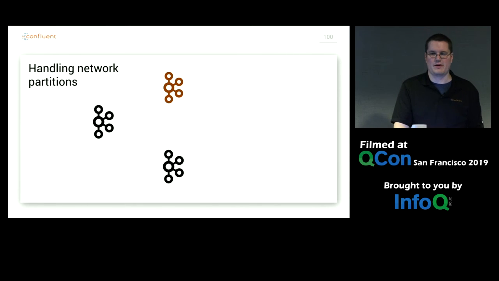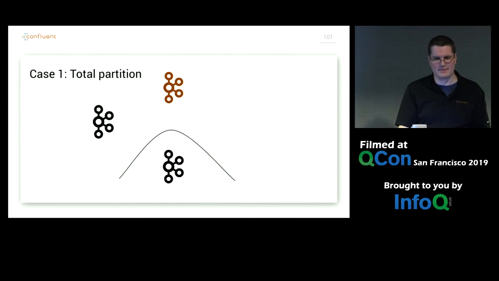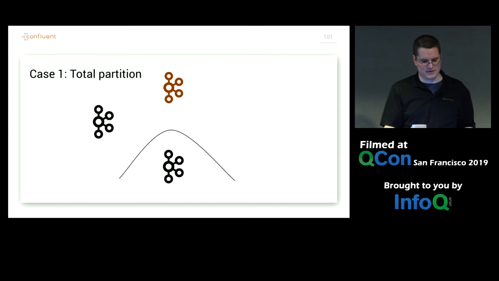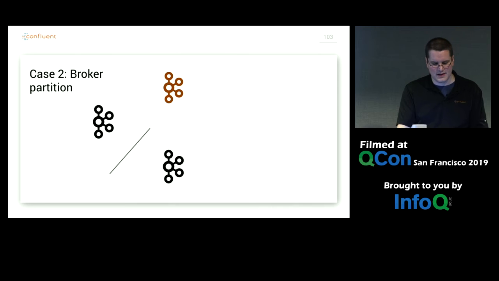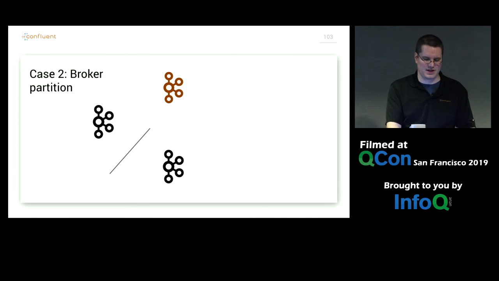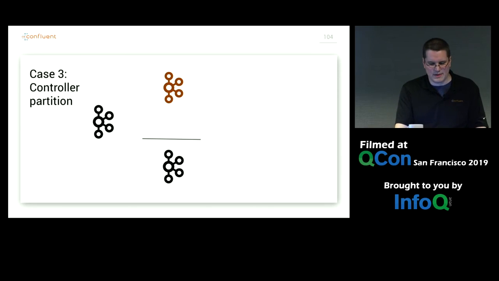So let's talk a little bit about network partitions. We obviously have the same case we had before, where something's totally partitioned. The behavior hasn't really changed. If you can't contact the controller, then you will be removed from the cluster, as is appropriate. The broker partition hasn't really changed either. Same behavior there. But in the case of the controller partition, which was a problem before, it's actually not now.